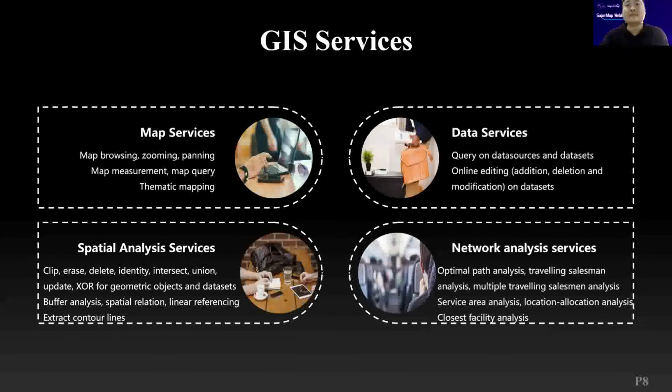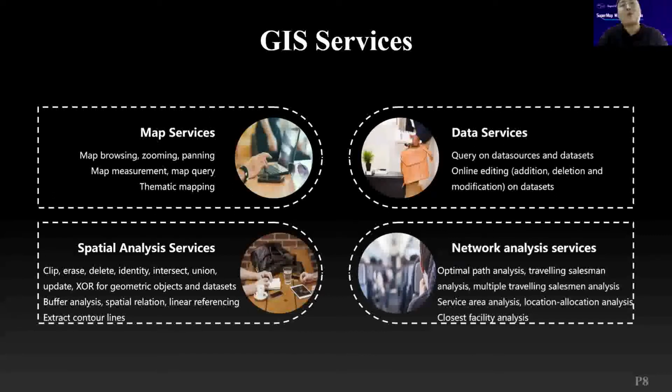And next one is the network analysis service. It's easy to understand, right? Network analysis is related to the network dataset. That means only when we publish our data and our data includes one or more network datasets, then we can publish it as a network analysis service.